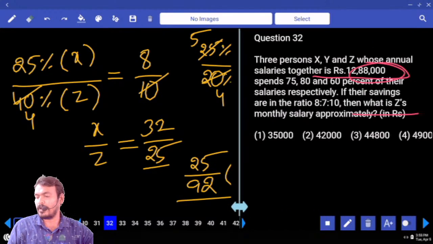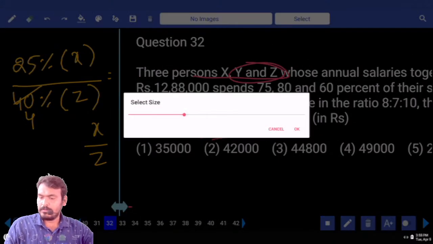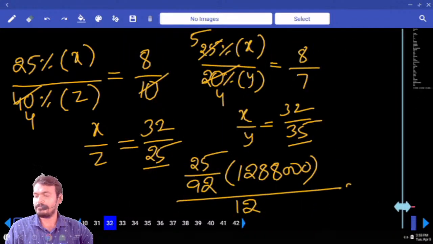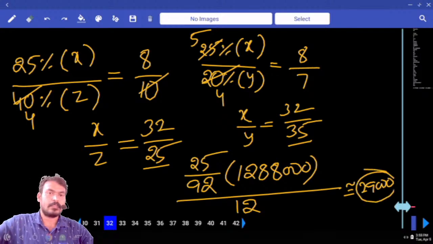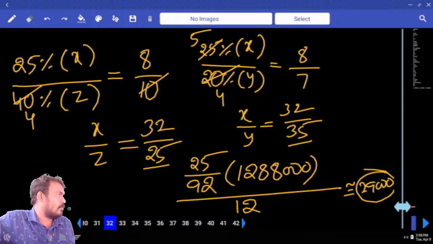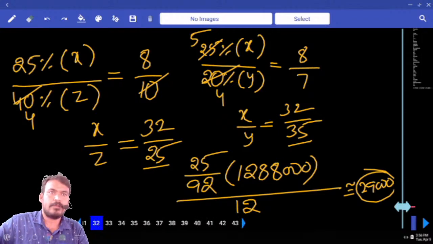Solving this, approximately we are getting 29,000. 25 by 92 of 12,88,000 by 12 gives the per month salary of Z.